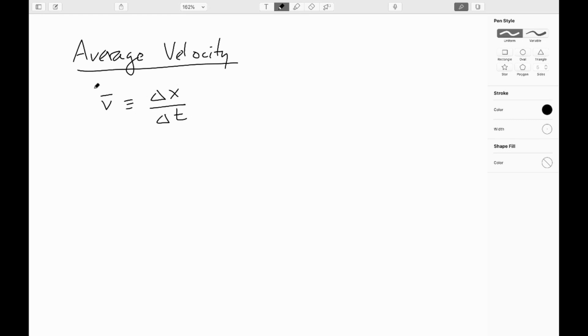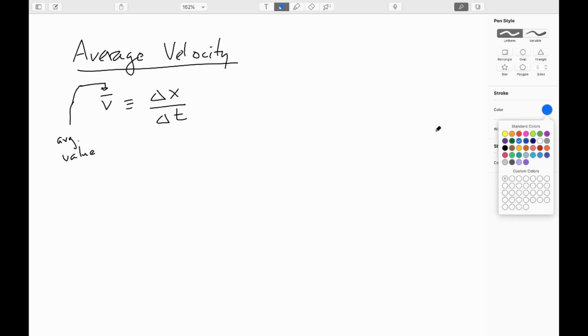So again, more symbols to unpack here. If you see a bar over a symbol, that just simply means the average value of the thing. Other notations that sometimes people use is they could write an AVG as a subscript, or they could put angle brackets around the symbol. Those are all pretty common. So again, this delta x bit here is our displacement.